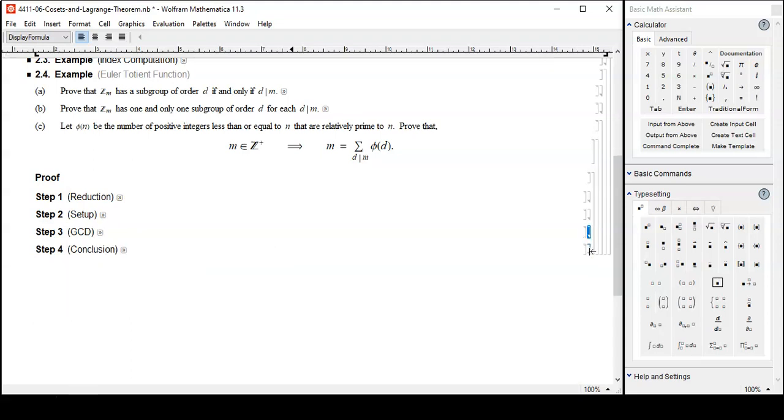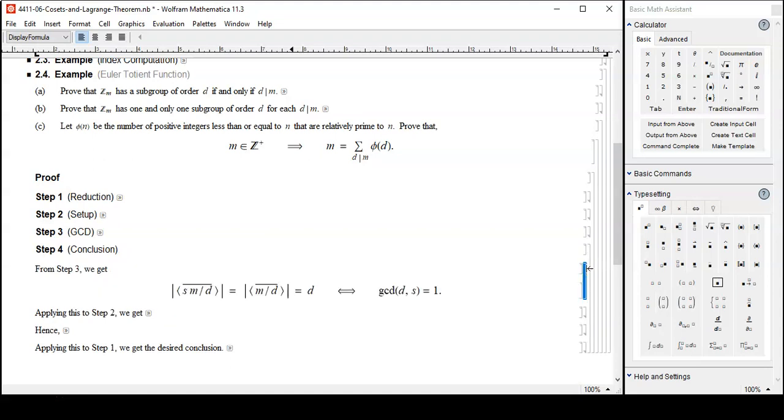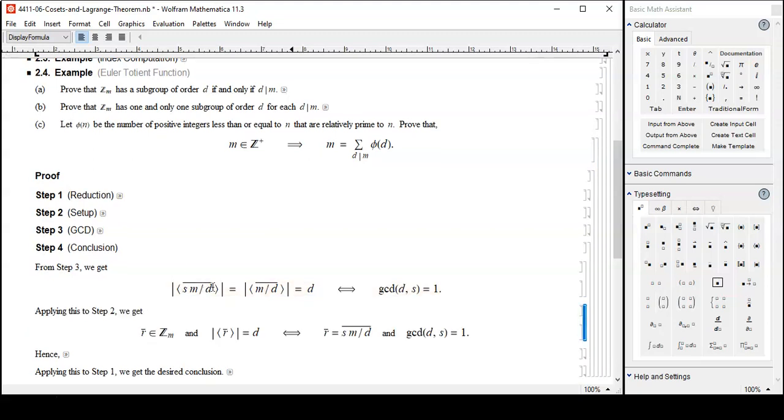In case you don't see it, let's backtrace. From step 3, we established this. So Sm over d bar has order d if and only if GCD of d and s is 1. And apply this to step 2. And what is this? Sm over d. That's arbitrary r bar, as a matter of fact. Arbitrary r bar can be written like this.